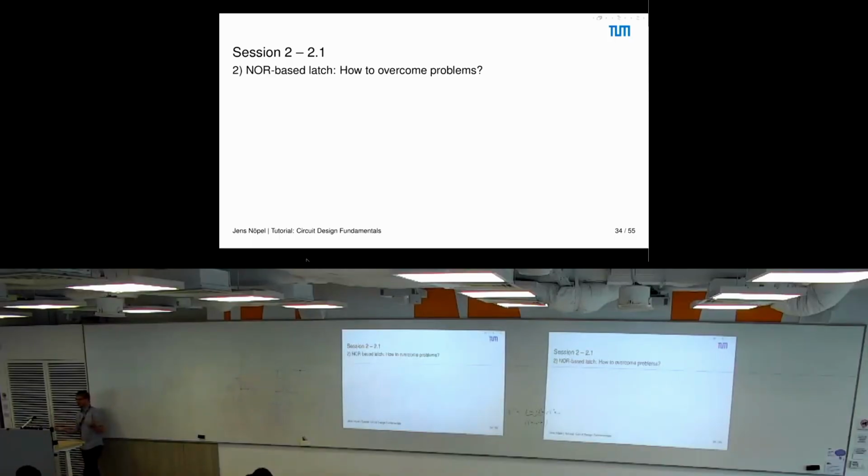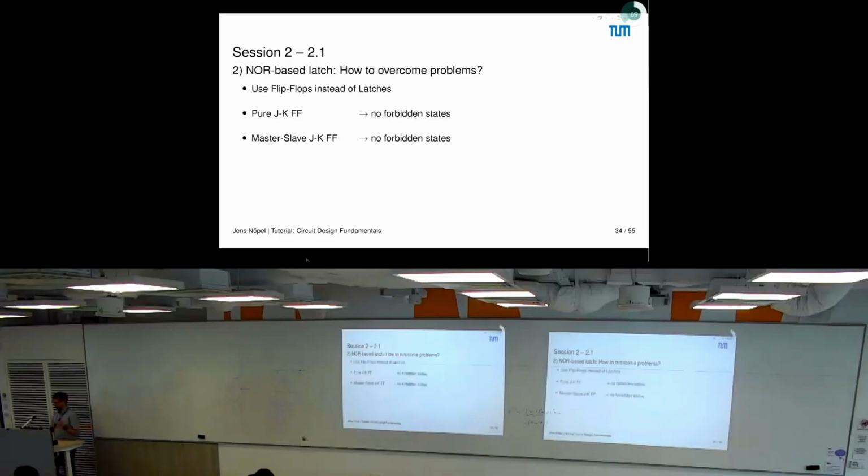So what could we use instead of a NOR latch? A D flip-flop, definitely true. So we could use a flip-flop, a D flip-flop, a JK flip-flop, or a master-slave JK flip-flop. They all have the benefit that they don't have forbidden states.